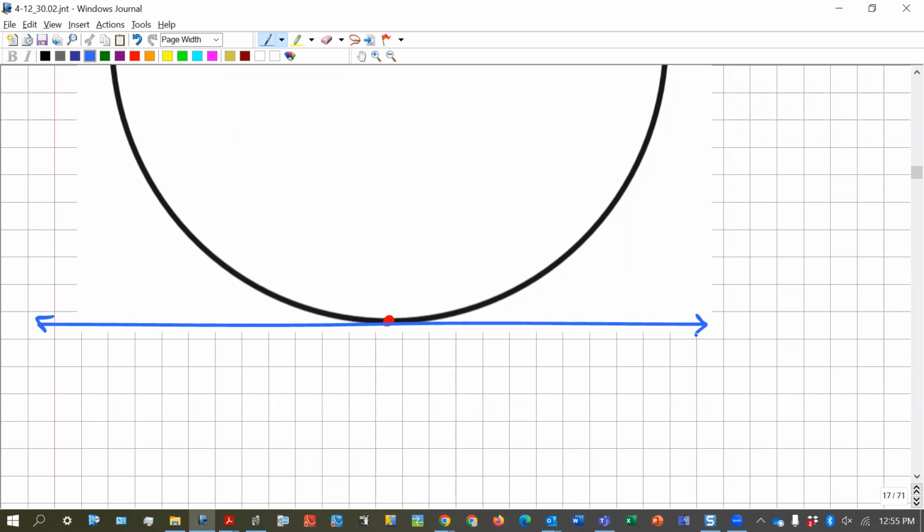So it just touches the circle in exactly one point. And that line could be thought of as that infinite polygon that all of a sudden becomes a straight line.